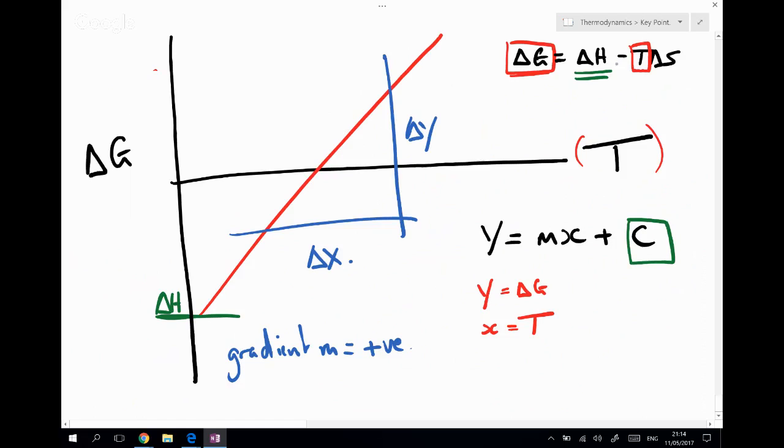But in my equation, if I extract what I've got left, I've only got minus delta S. So my gradient m is equal to minus delta S. Therefore, in this example, a positive gradient is equivalent to a negative delta S, whilst a negative gradient would be equal to a positive delta S.